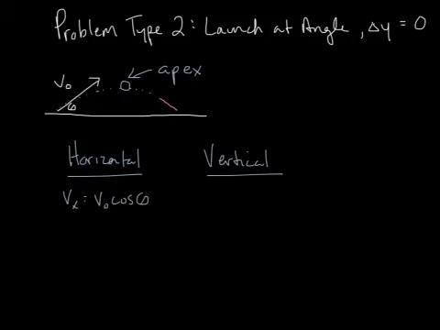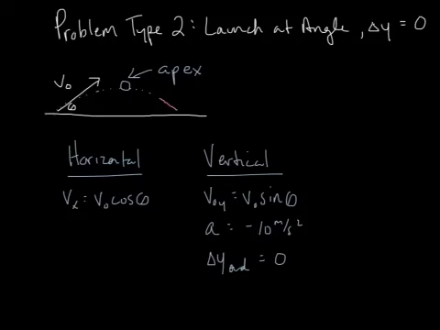And for the vertical components, we know that V0y will equal V0 times the sine of theta. Of course, in the vertical direction, we also know that a equals -10 or -9.8 meters per second squared. And since this is a ground-to-ground problem, we know delta y at the very end is going to equal 0.